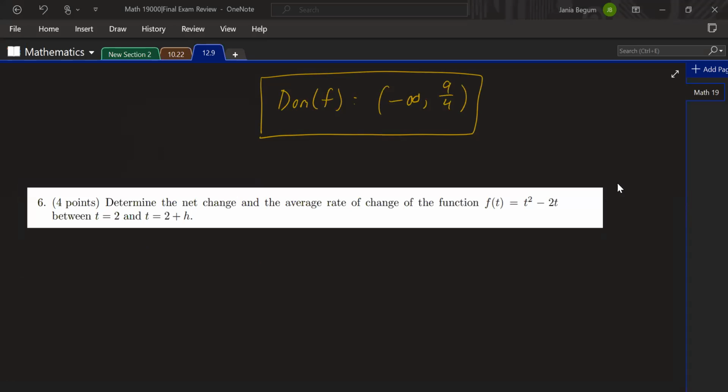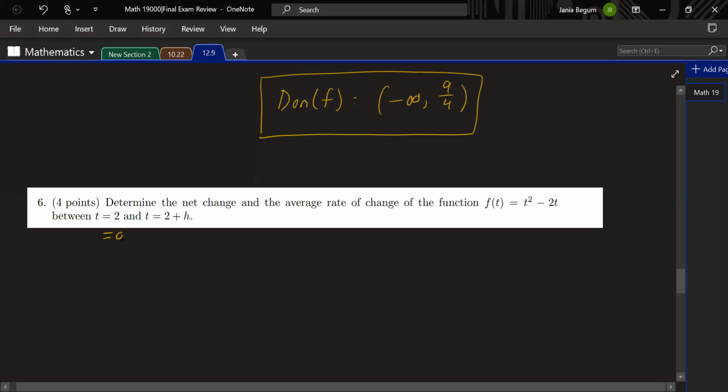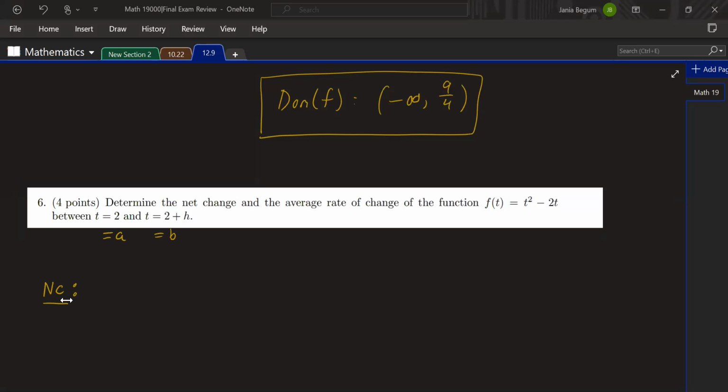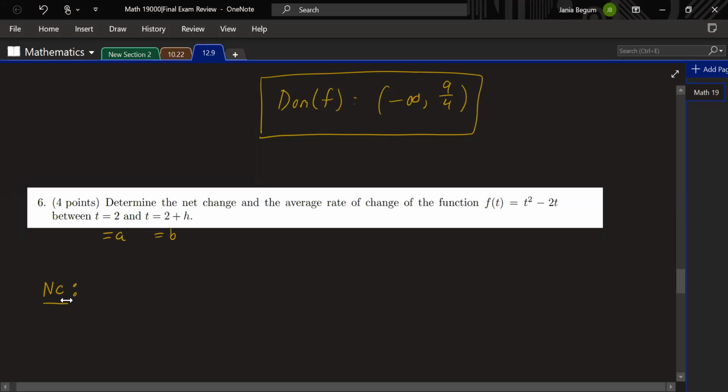Let's find the net change and the average rate of change for the given function at the given t values. Like I said, the first point is always your a, and the second point is always your b. Now, who can tell us what is the formula for net change? Is it f of b minus f of a divided by b minus a?